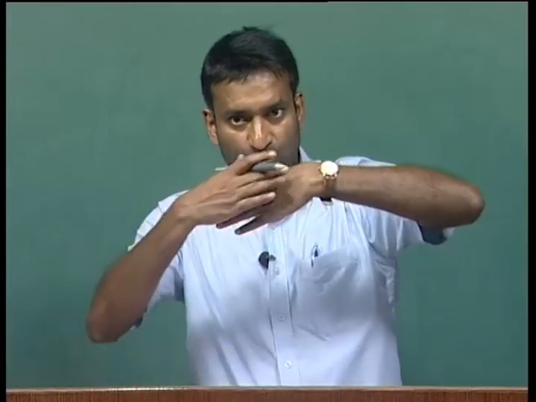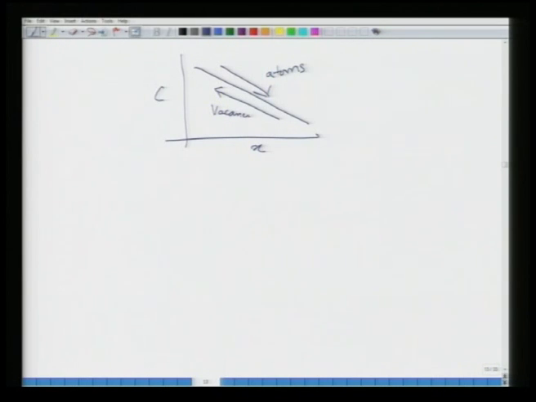So, which means you have counter migration of atoms. So, you have a concentration gradient, let us say this is your dC by dx. Your atoms will move on this side, and if it was a vacancy assisted mechanism, your vacancies will move on the other side. So, this is your counter migration.